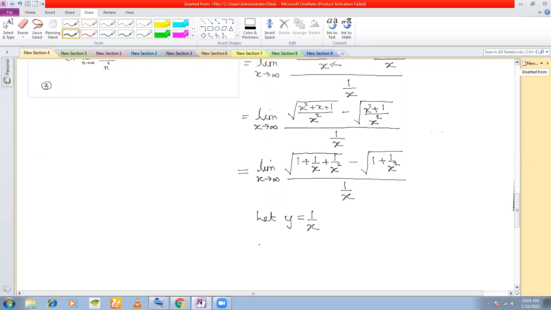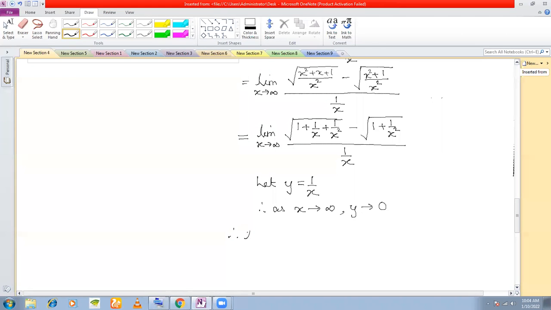Therefore, as x tends to infinity, y tends to 0. Therefore, what does this limit become? If we change everything in terms of y, this becomes limit y tends to 0, root 1 plus y plus y square minus root 1 plus y square divided by y. Okay, I'm going a little slow to make up for the delay, as much as I can.